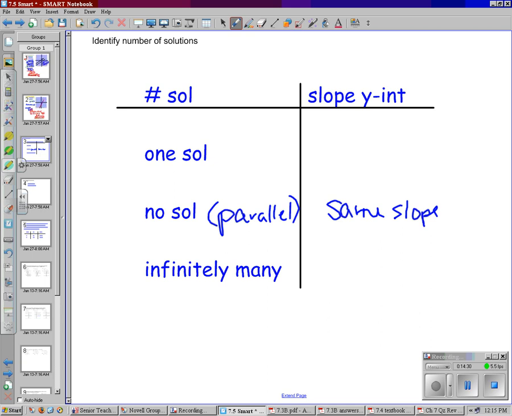Infinitely many solutions. What kind of lines are infinitely many solutions? Not parallel lines. Jordan? They're the same line. Yes, they are the same line. So what do we know about the slope of two equations that are really the same line?